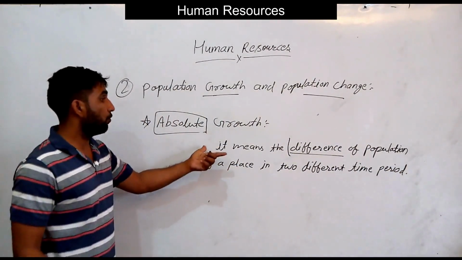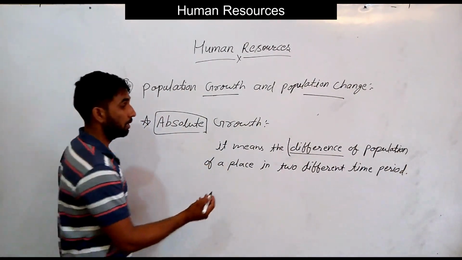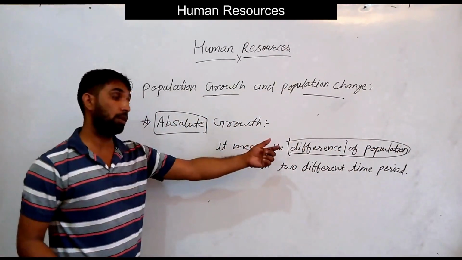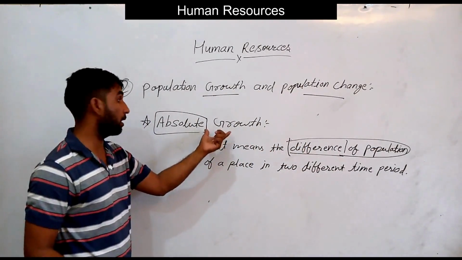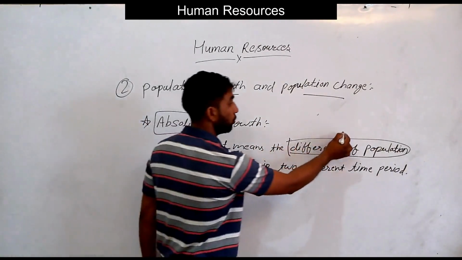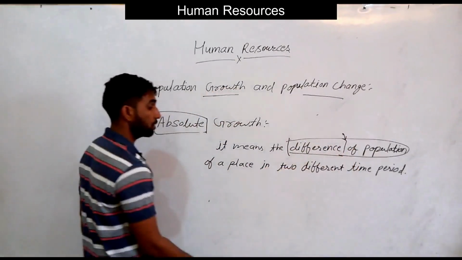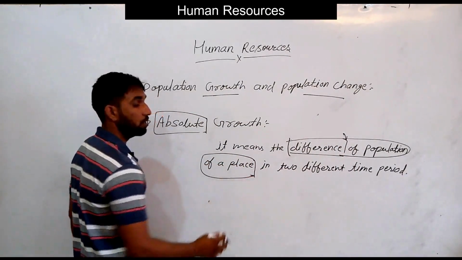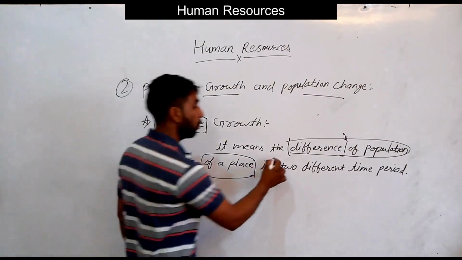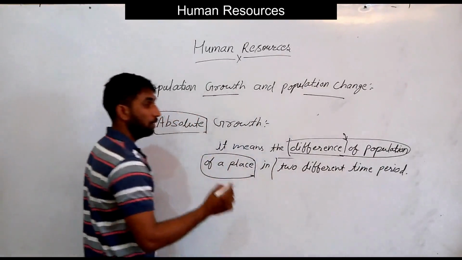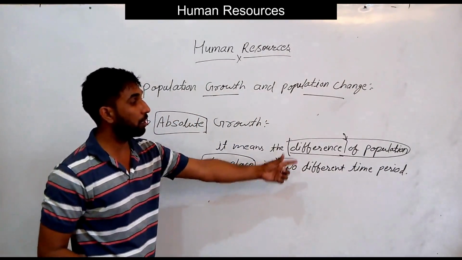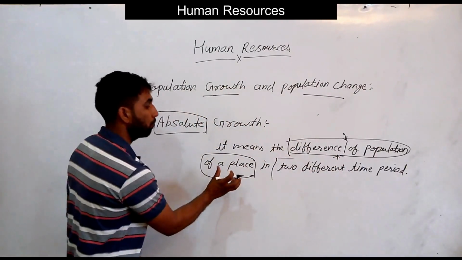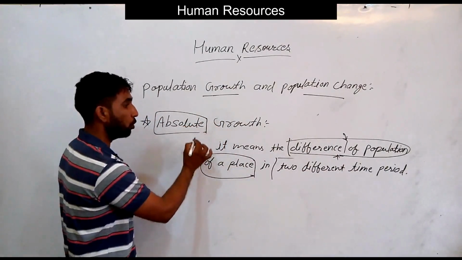In this definition the keyword is difference of population. In calculating absolute growth, it is necessary to calculate the difference of population of a particular place, because population lives at a particular place, in two different time periods. The difference between the time periods gives the difference of population in that place. This is called absolute growth.